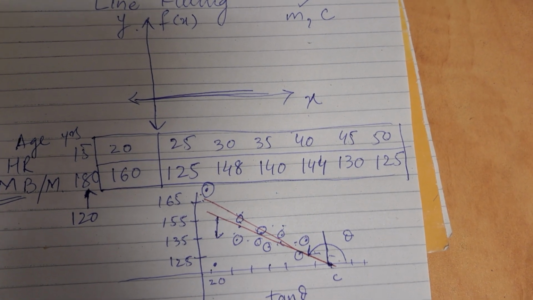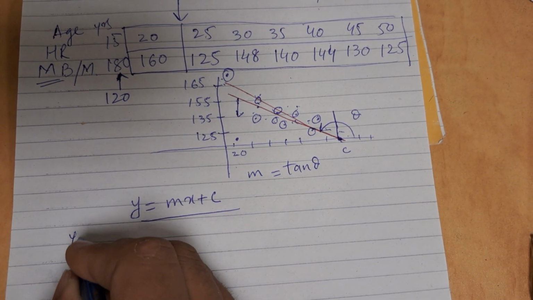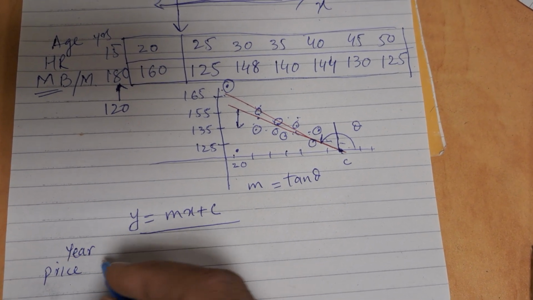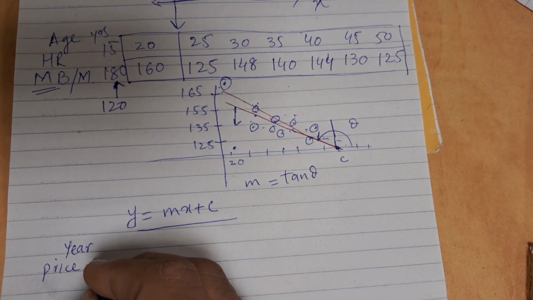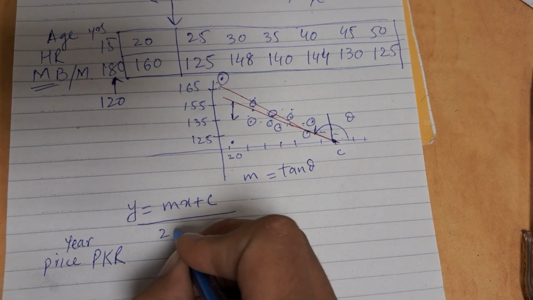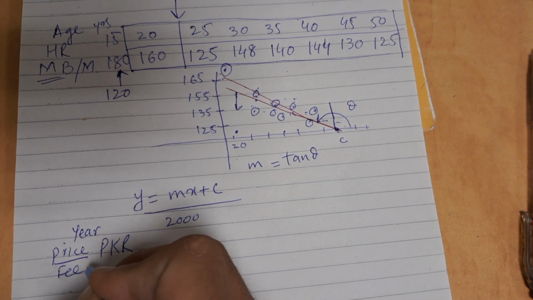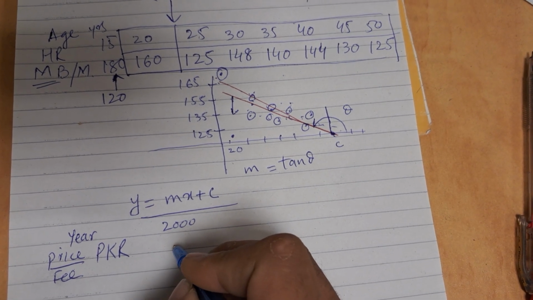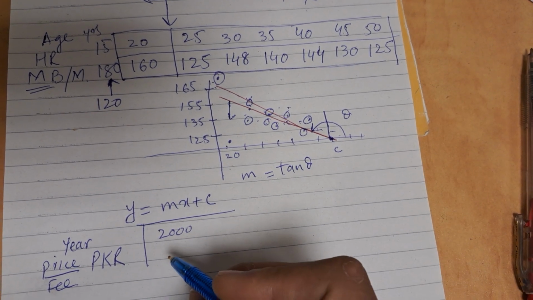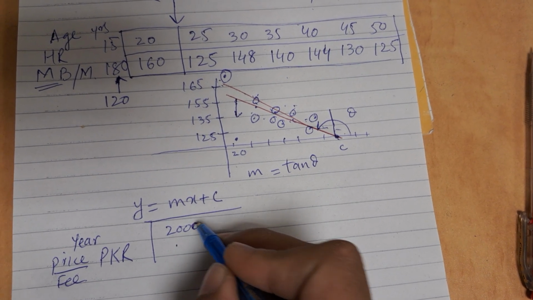So for another example, if we consider the yearly price of a certain commodity in PKR, let's say instead the fee per year in PKR for a certain program, physics, in a certain university.